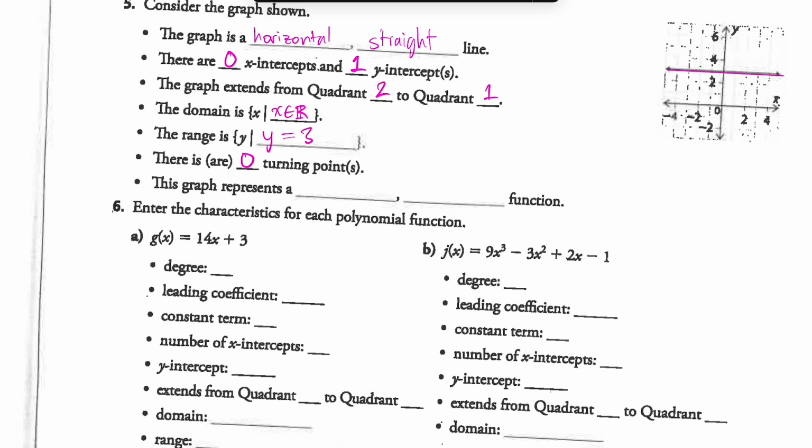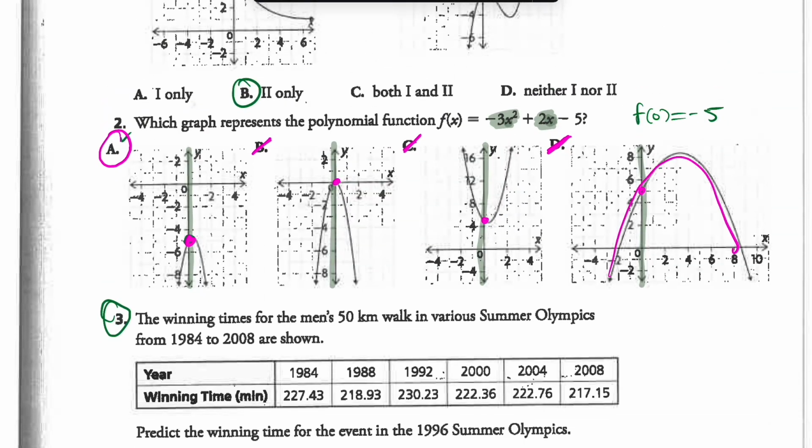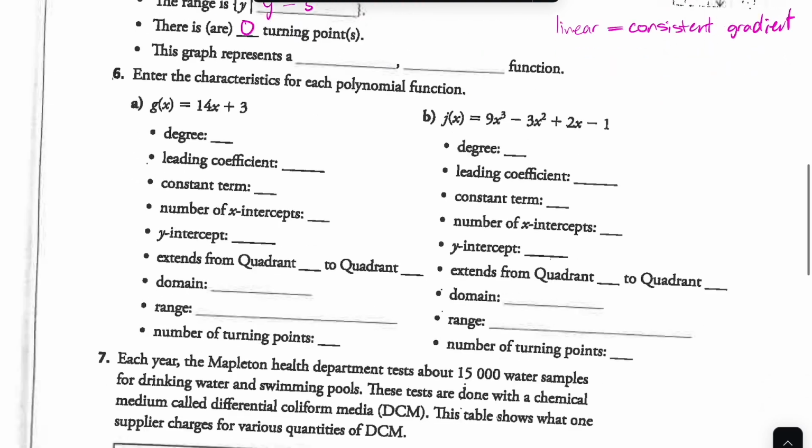But linear function makes sense completely, because a linear function means consistent gradient. If you look at a polynomial like the one we had up here, or any of these ones, I'll just draw that shape down here.